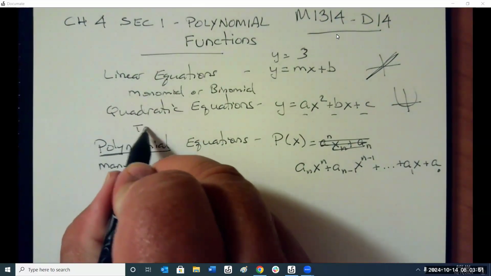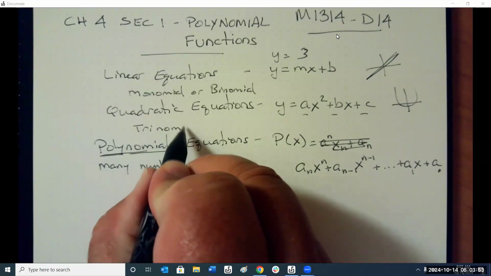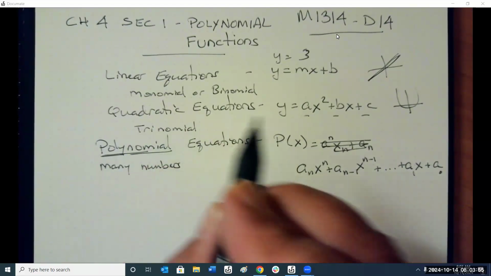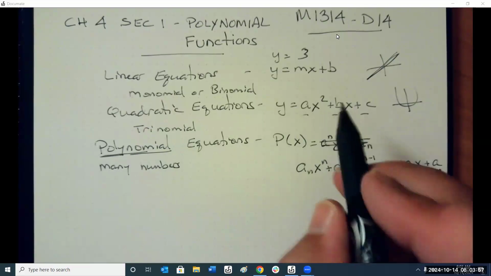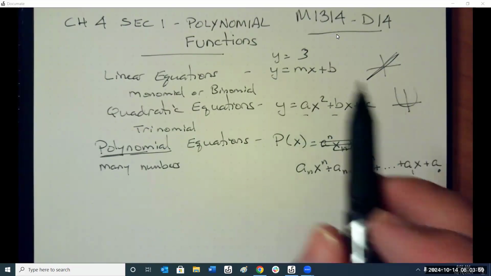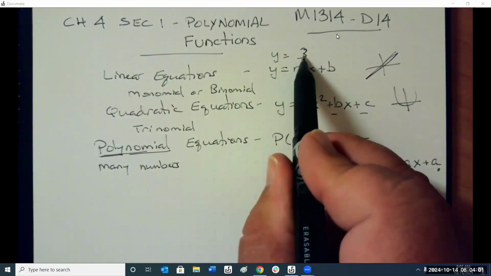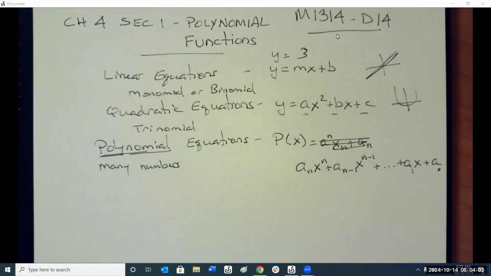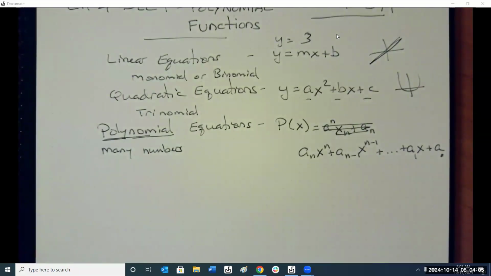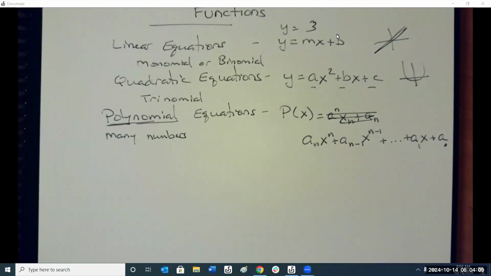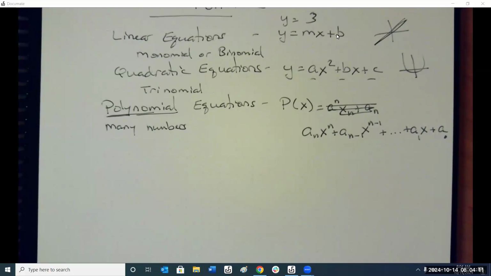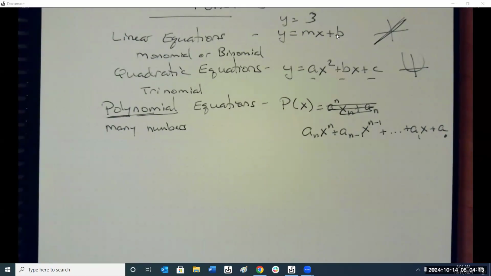Quadratics are trinomials, because tri means 3, bi means 2, mono means 1, poly means many. So what we're going to be doing now is we now have pretty much no limit to how many terms we can have in a function. That's what this chapter is about. So I can give you any size.